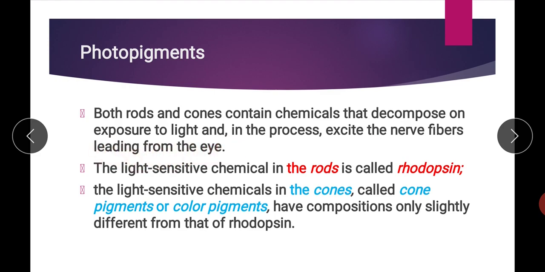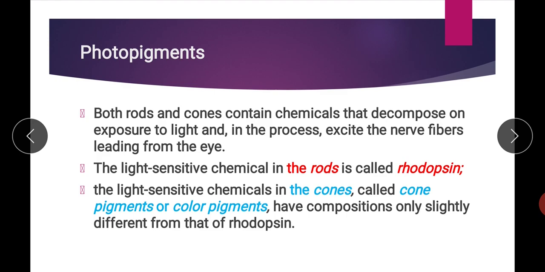Now the photochemistry of vision mainly includes the process in which light photons convert the chemical energy present in the rods and cones into electrical energy. It means they convert this photo energy into an electrical response in the form of receptor potential.